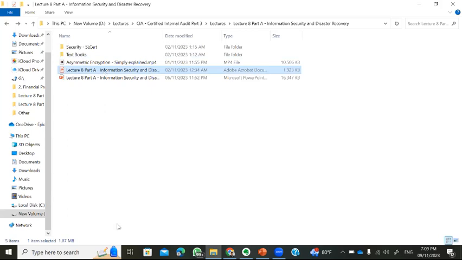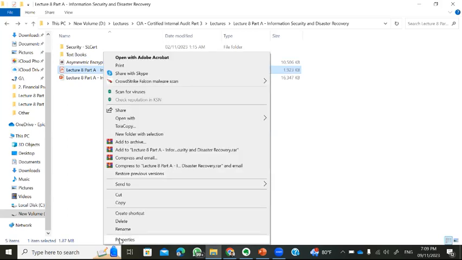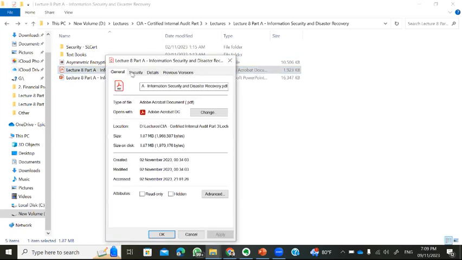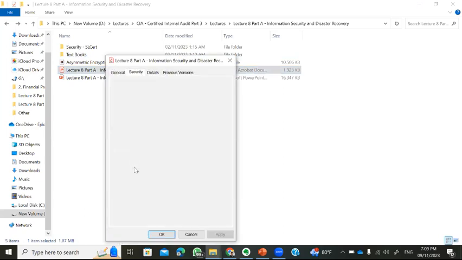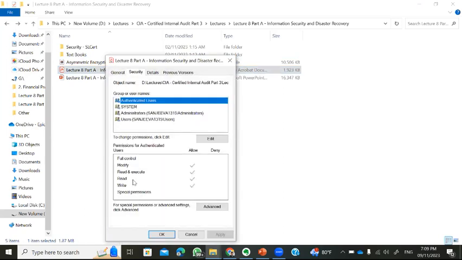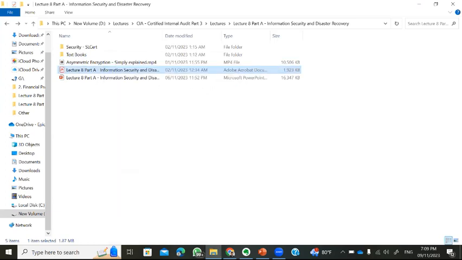You can go to the properties of any file, but on a server the access is different. You can see the security: whether you have full control, or modify, read and execute, read, write, all these permissions given to authenticated users. In the same way, in applications, you should give the right access, whether the file is read-write, read-only, or archive.